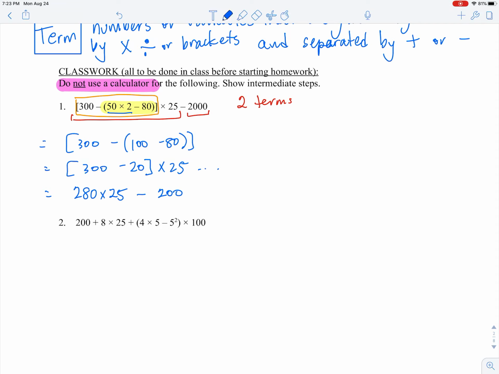If we look up here, it says do not use a calculator. I'm going to show you how I would do this. Multiplying by 25 is a pain, but I know that 4 sets of 25 gives me 100. So I could write 280 times 25 as 4 times 70 times 25.